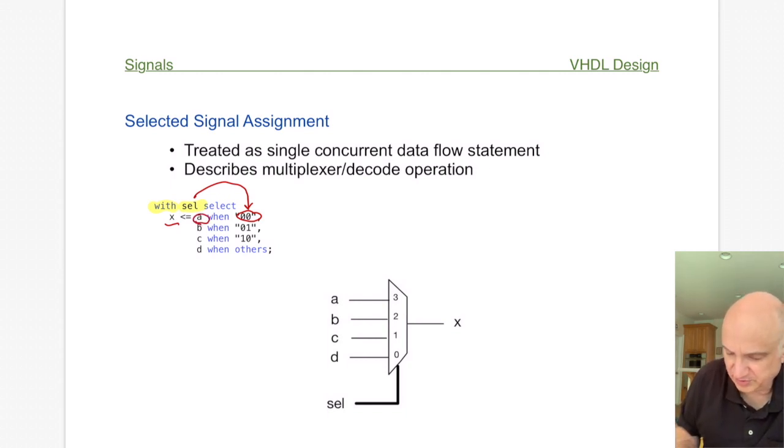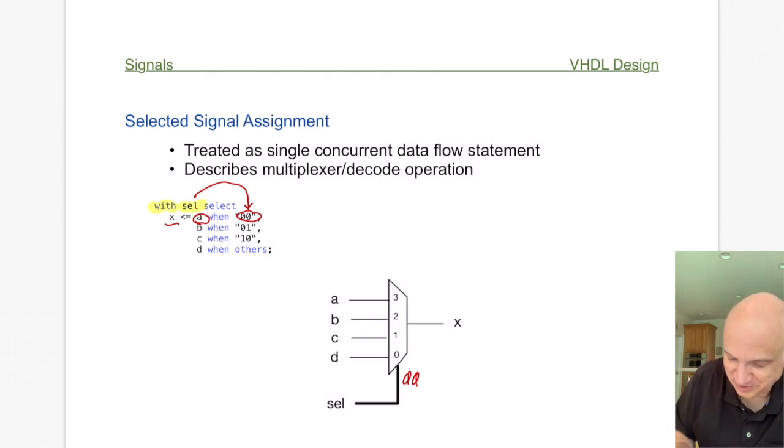If I use the analogy of the multiplexer, which is basically what this is, if I make the select line 0, 0, then I'm going to pick, in this case, oops, that's flipped. That's wrong.